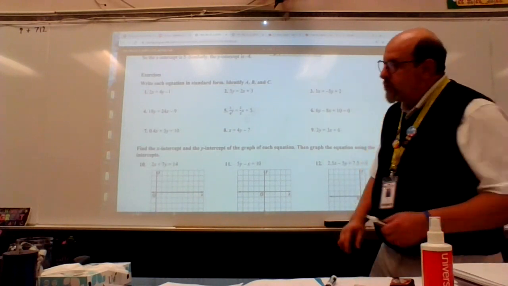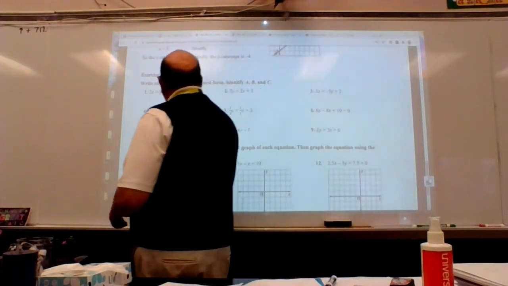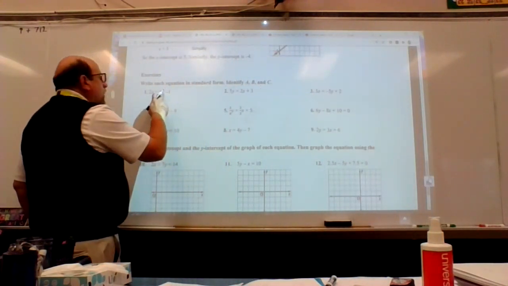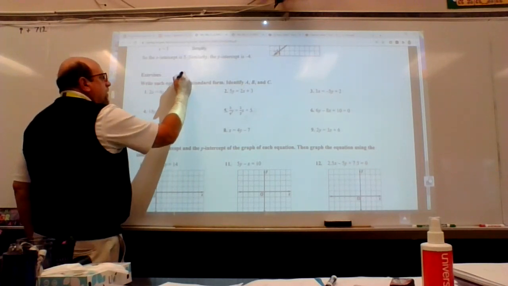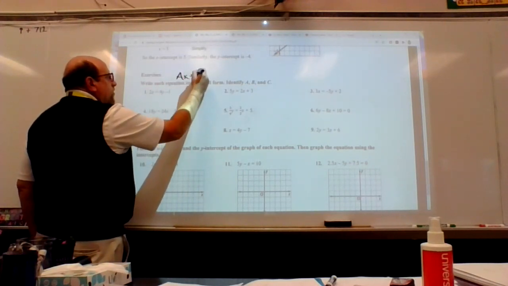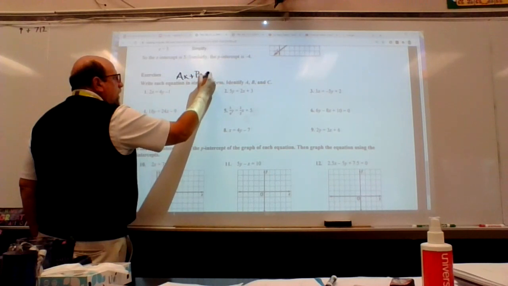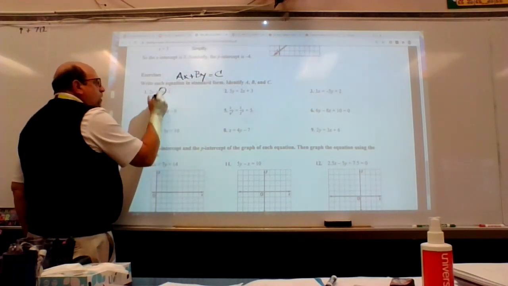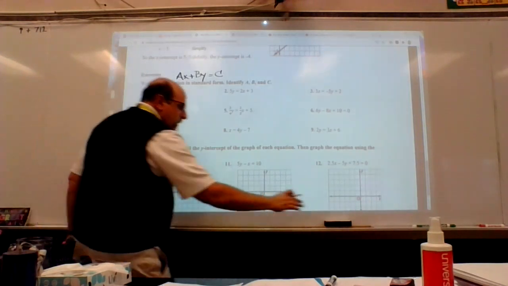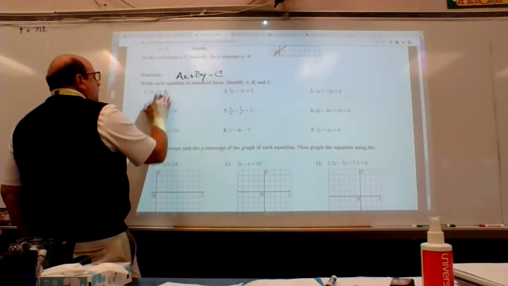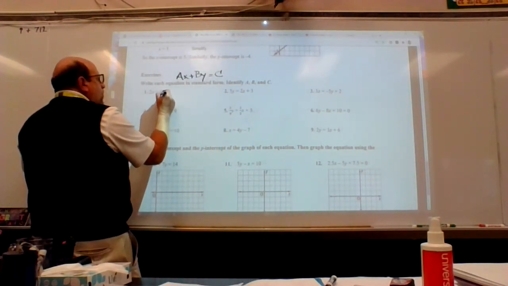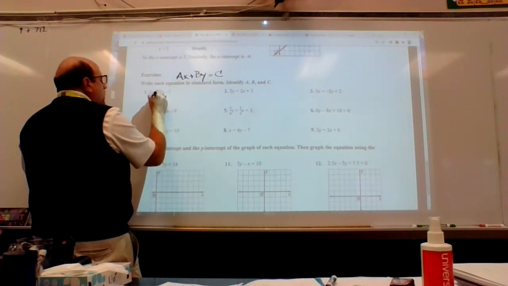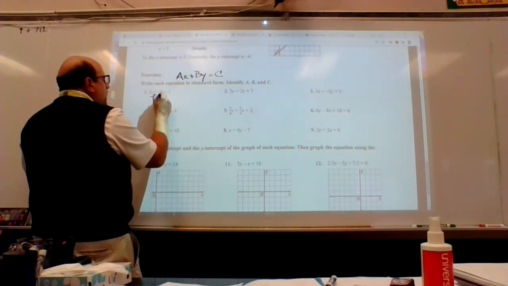All we have to do is put it in ax plus by equals c form, and this needs to go over here, right? So I am going to subtract 4y from both sides, minus 4y.